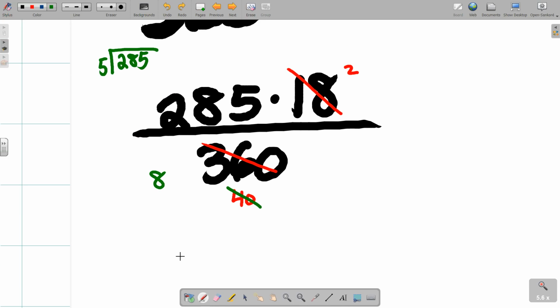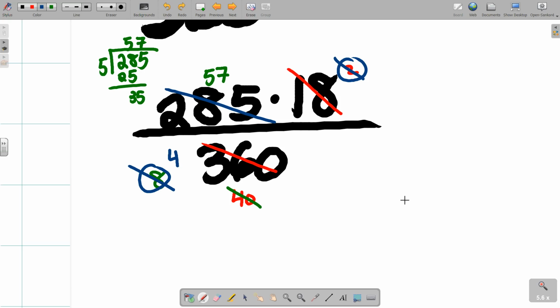So 5 goes into 285 57 times. Now you ask yourself, is there anything else you can reduce? And there is. See that 2 and the 8? That reduces. Look at what you're left with, folks. You're left with 57 over 4, and there's nothing else you can do.